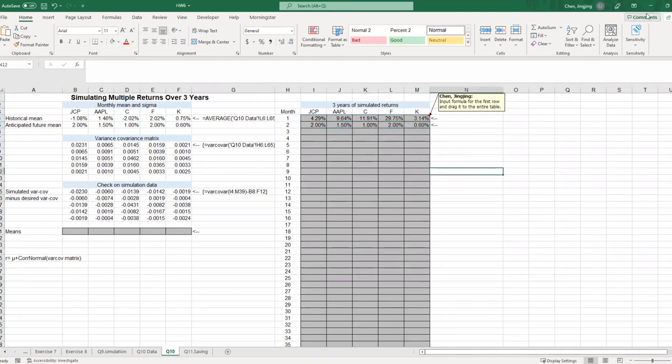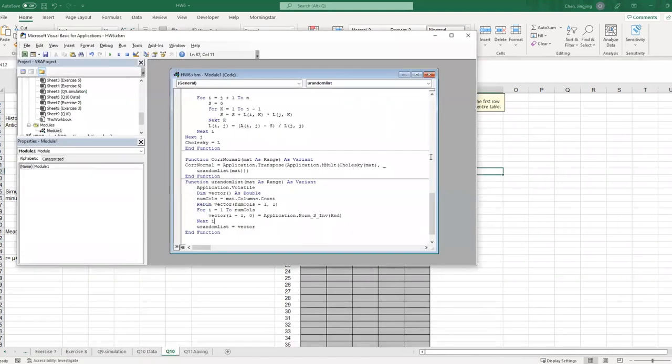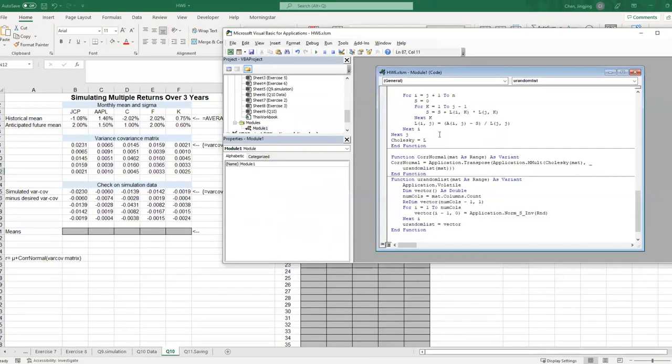So probably what we can do is further modify our VBA code. I think there's no issue with this calculation. It's just calculating the multiplication of the L matrix and the random numbers. Then we can check whether we have one more row or column.